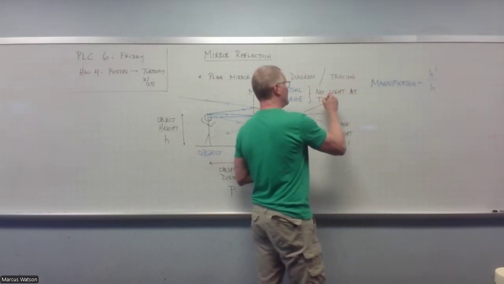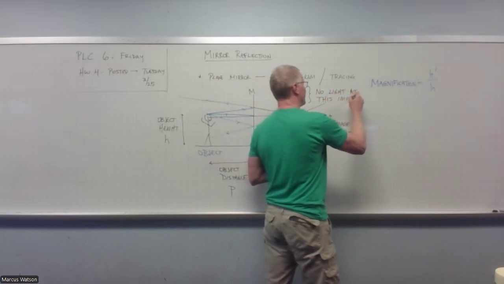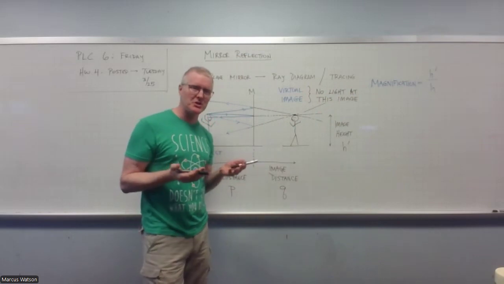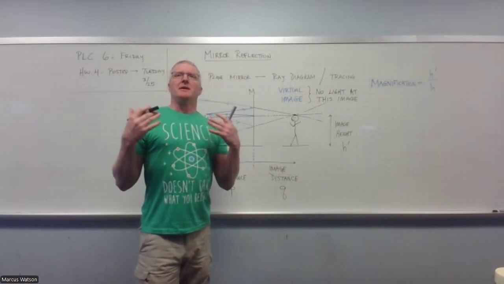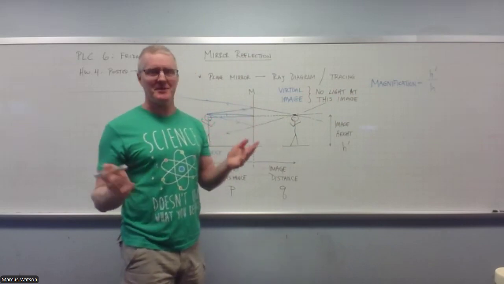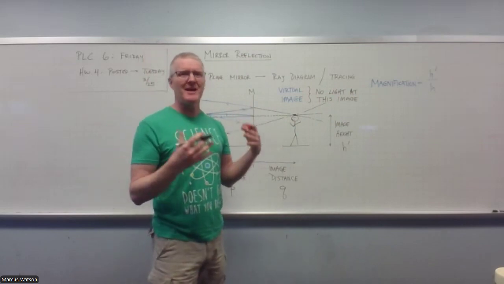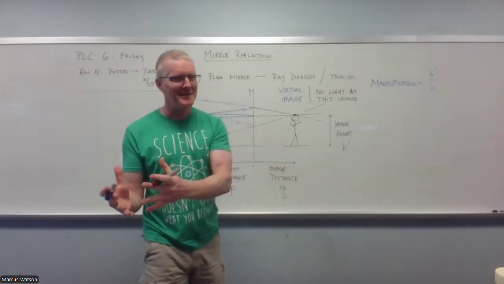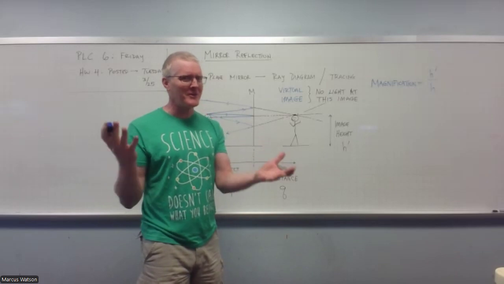There is no light at this image. Okay, and I hate to belabor this issue, but because it has this kind of mystical name of virtual image, you say, well, is it actually there? Yes. Is it really? No. Okay, so what are we talking about?